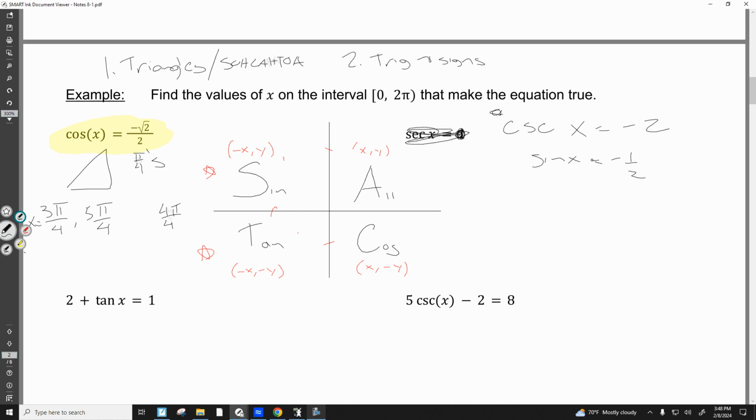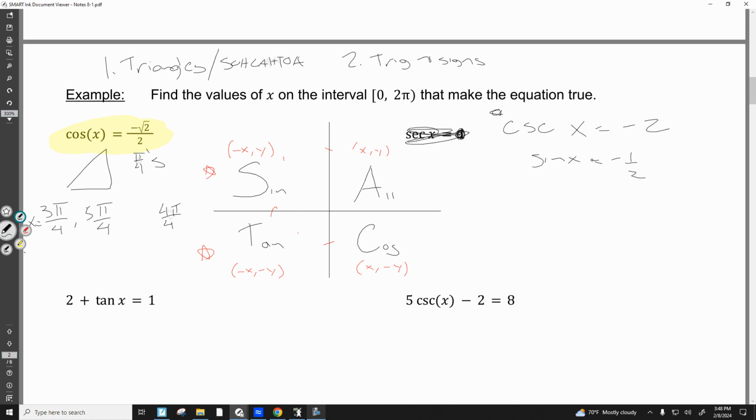Okay, answer this question. Sine x equals negative a half. Answer, go. Equals negative a half. Nope. It would be this one. Yep. That means the one on the right. Guys, start with your triangle.